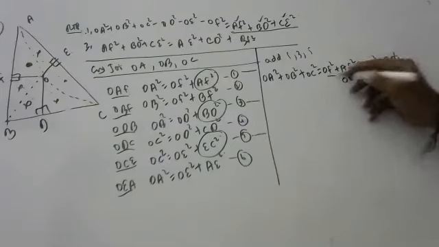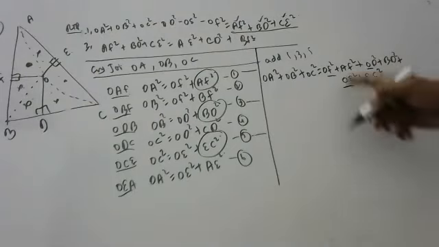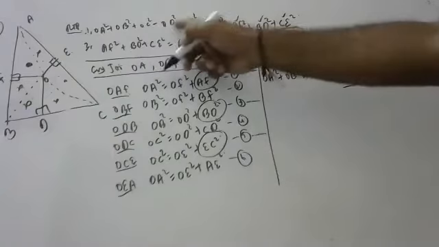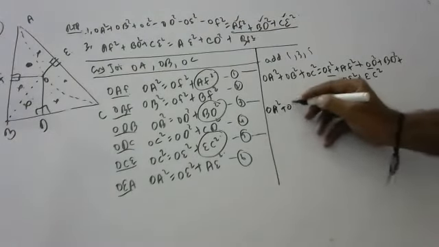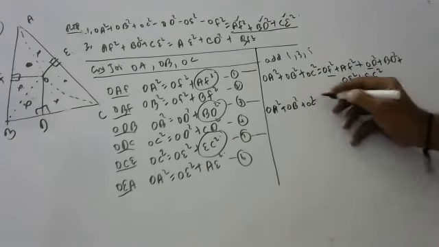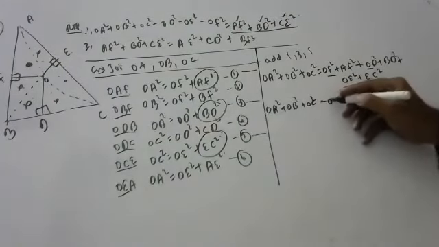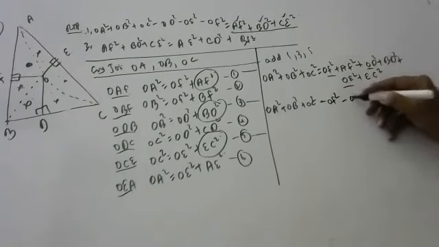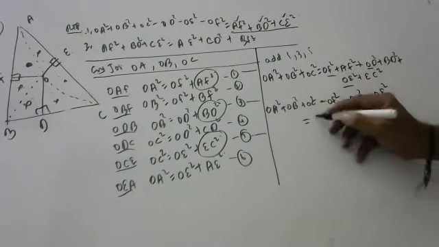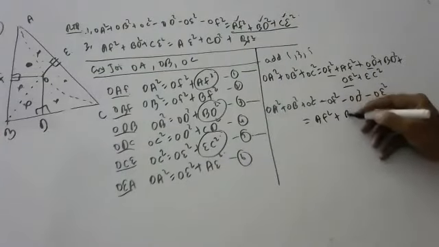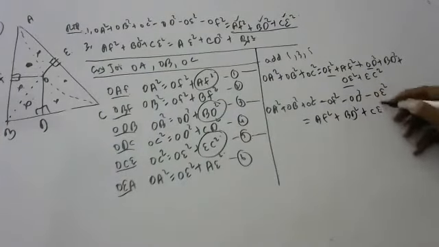Now take all O's on the left side, because in the question all O's are on the left side. OA square plus OB square plus OC square minus OF square minus OD square minus OE square is equal to AF square plus BD square plus CE square.